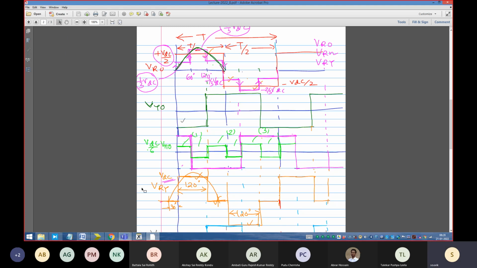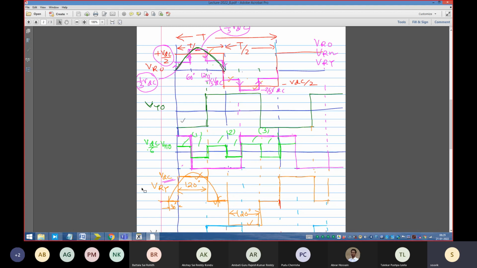From 30 degree to 150 degree its value is VDC, and from 150 degree to 180 degree its value is again 0. Then from 180 degree to 210 degree its value is 0. Then from 210 degree to 330 degree its value is minus VDC. Note that it is not minus VDC by 2.